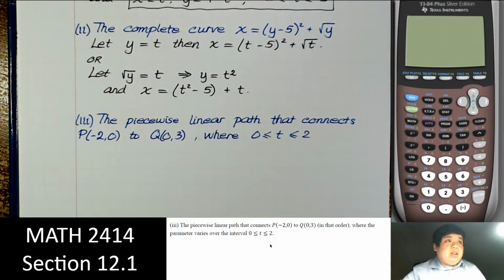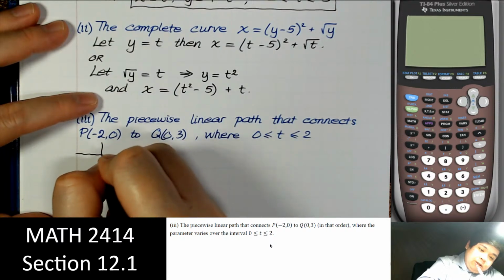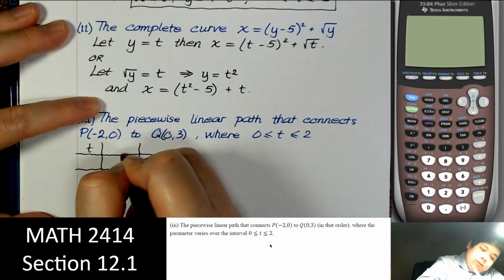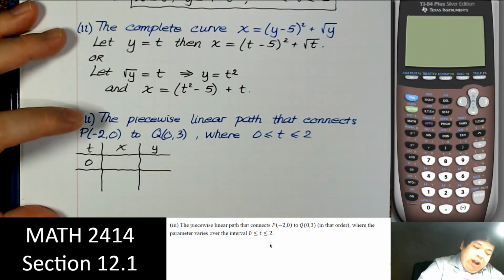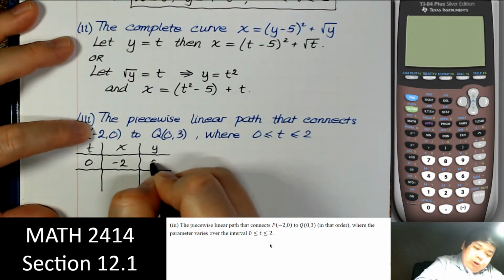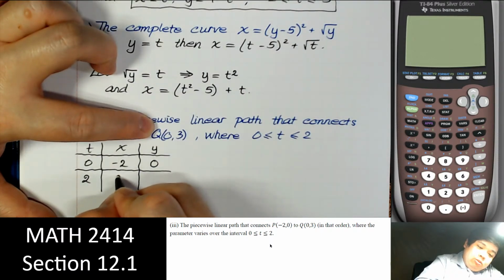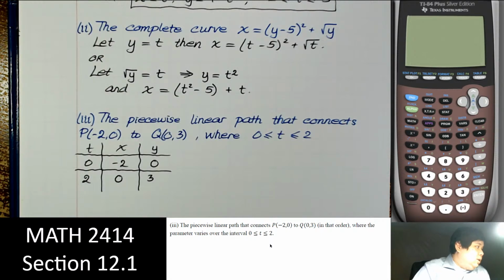So let's try to summarize this information. When t equal to 0, we have x equal to -2, y equal to 0, and when t equal to 2, we have the point Q, 0 and 3. Right, so how do we do that?